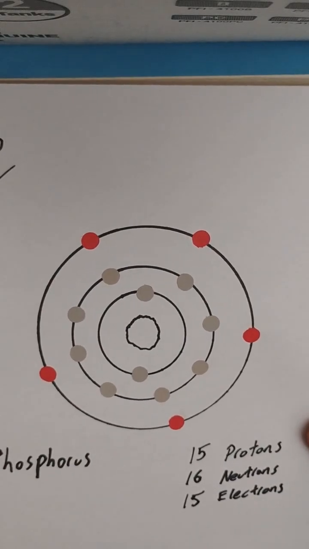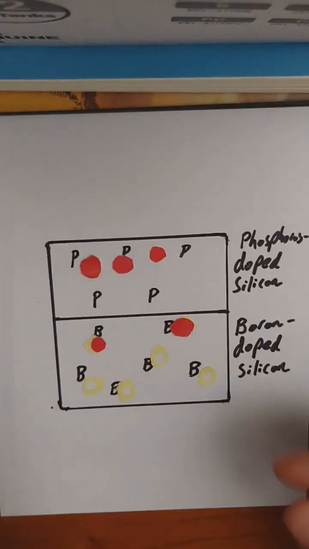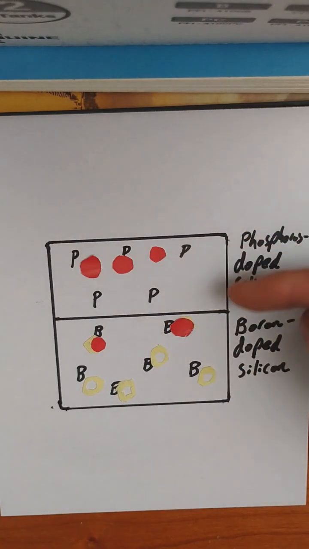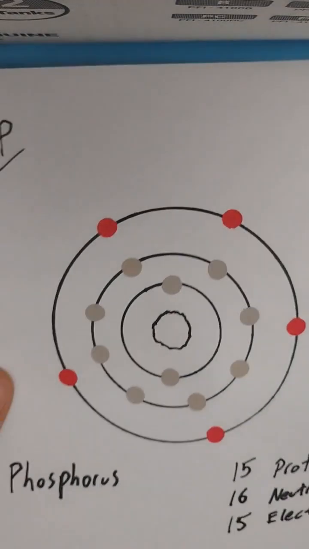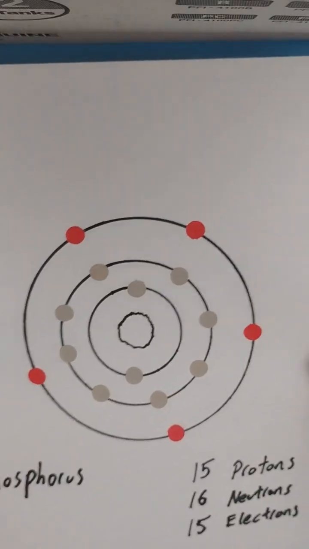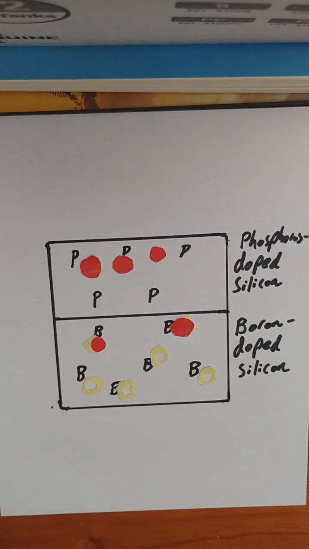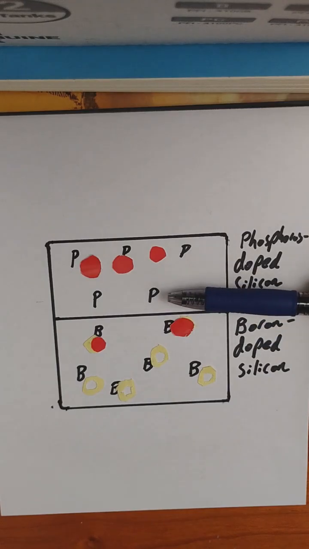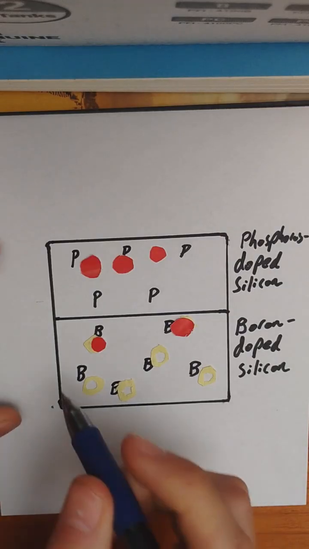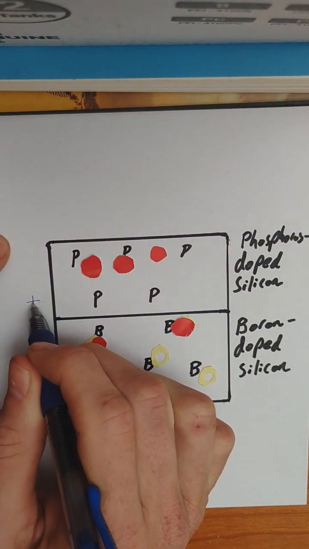But these phosphorus atoms have lost an electron. They've gone down here. Before, when they were all just up here, the net electric charge of this region was neutral because there were an equal number of protons and electrons. Maybe not locally right next to every phosphorus atom, but overall, on average, there was an equal number of charges. Now, in the phosphorus area near the boundary, these phosphorus atoms are going to have a positive charge. So this area is going to be positively charged.